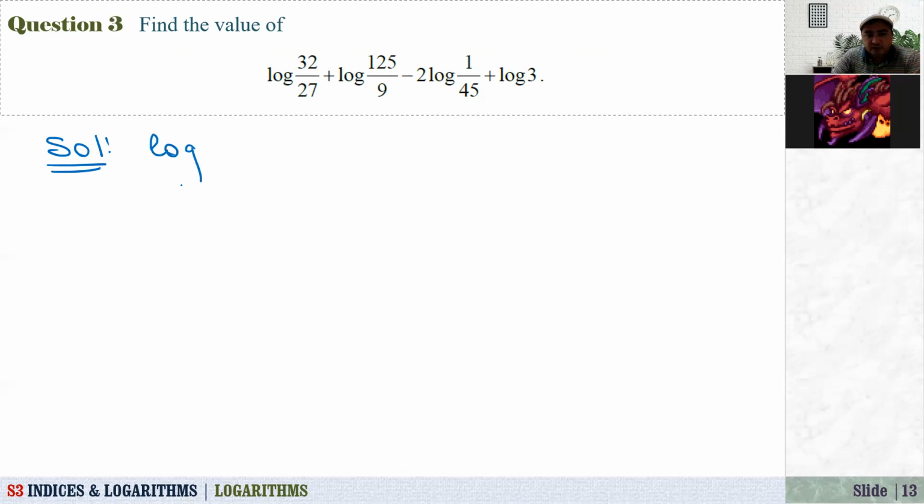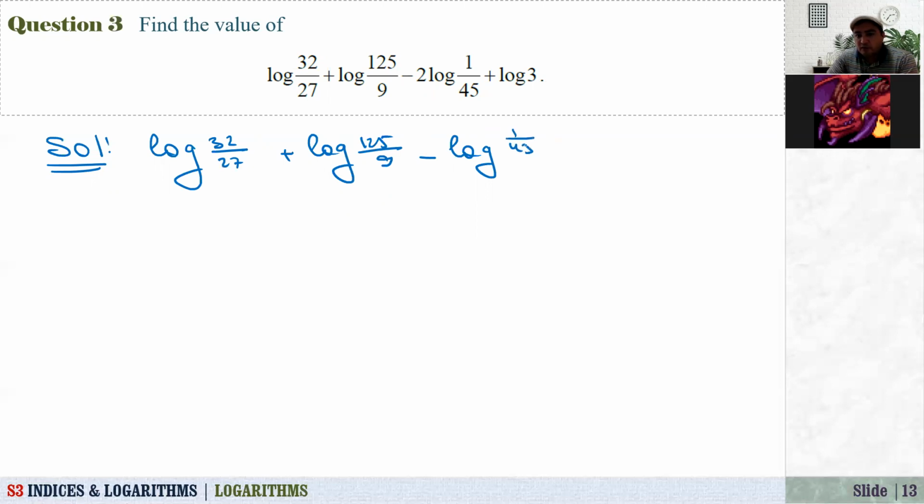I can just write this log of 32 over 27 plus log of 125 over 9 minus, if we have log, and we have 2, right? It just goes here. That will be, what is it, 1 over 45 squared. So that is log of 1 over 45 squared plus log, and here's 3.